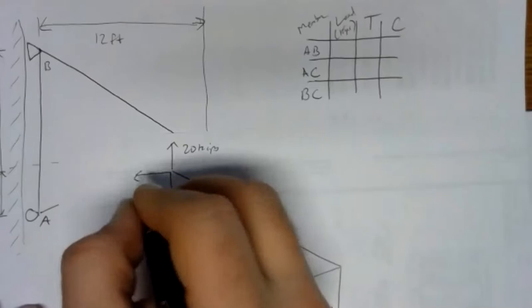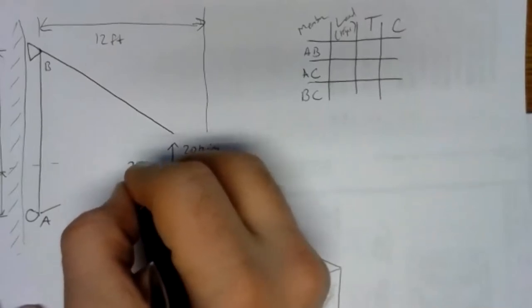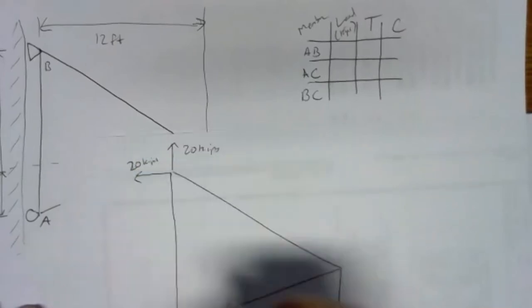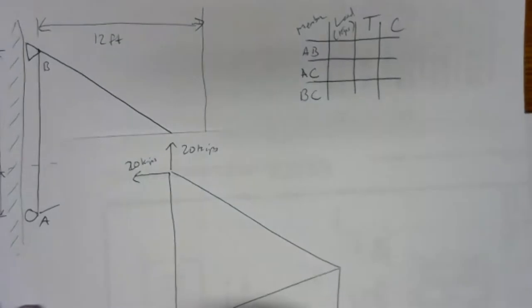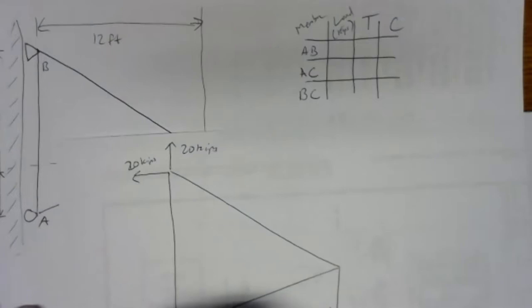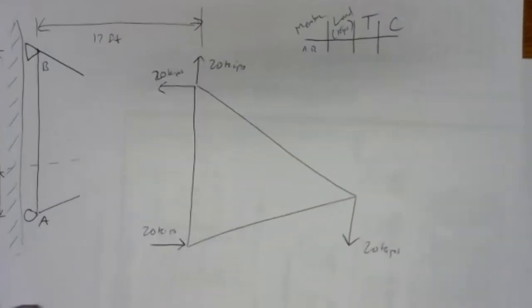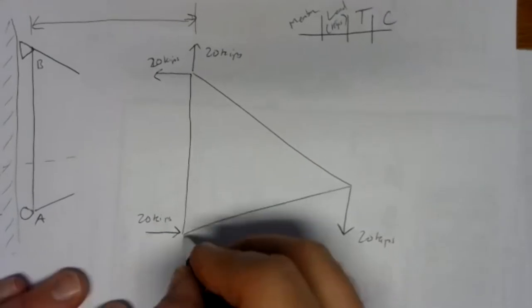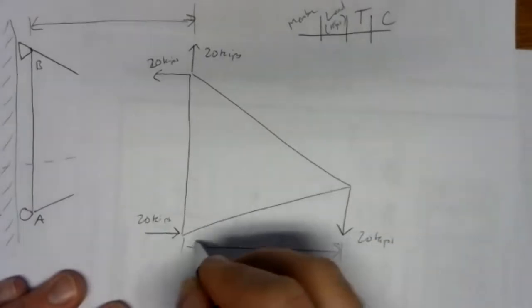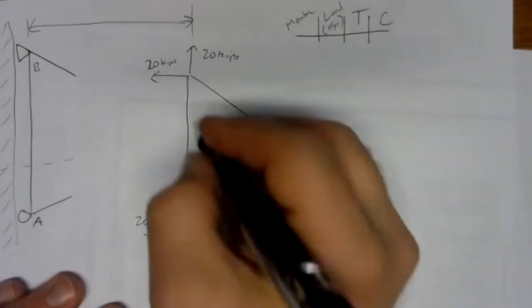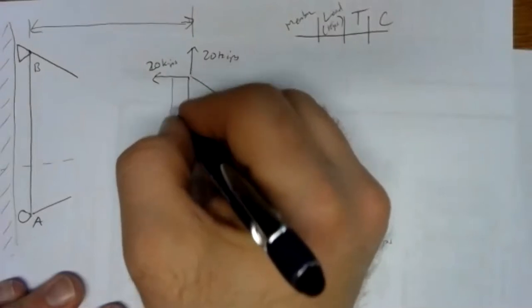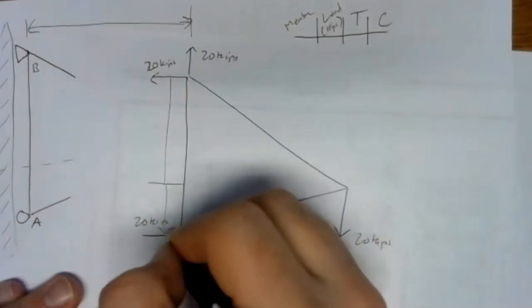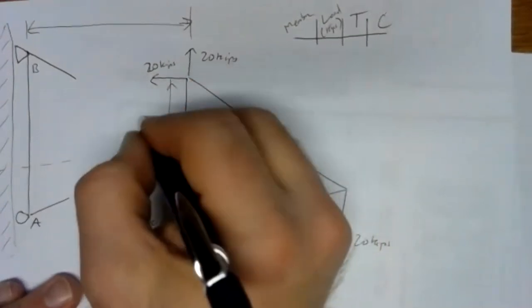RBX was to the left with 20 kips. And RAX was 20 kips. This force right here was 20 kips. So that's what that looks like after the external problem. And we still have the same sizes here, 12 feet, 10 and 2.